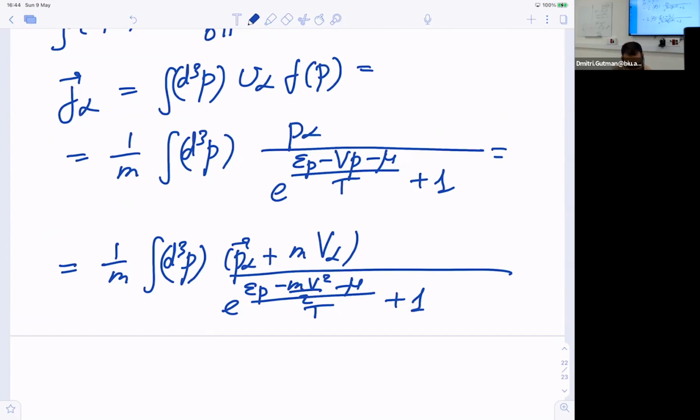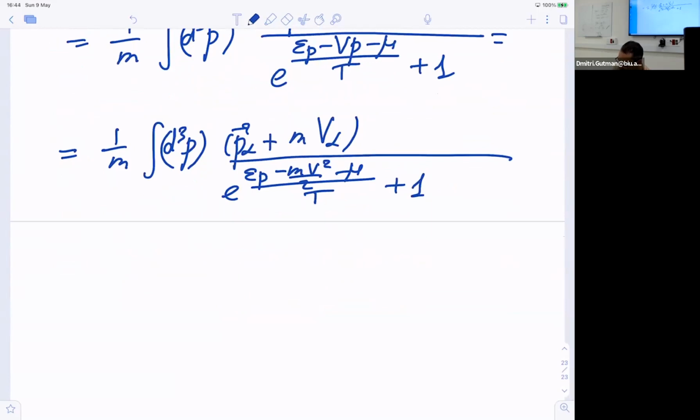And I'm using the symmetry arguments to claim that the first part of this integral drops because it's an odd function of the momentum.